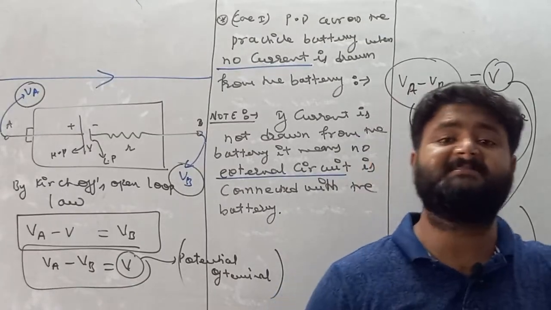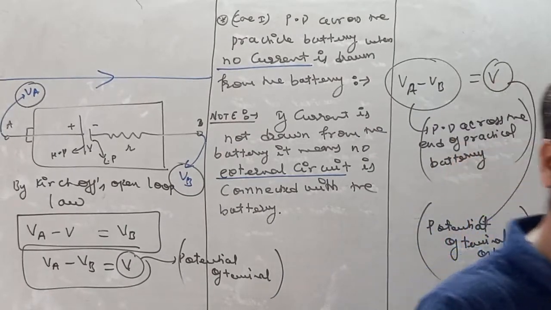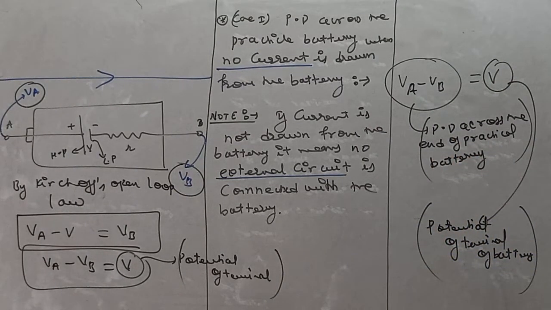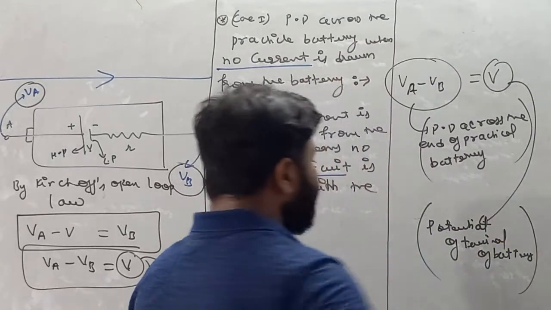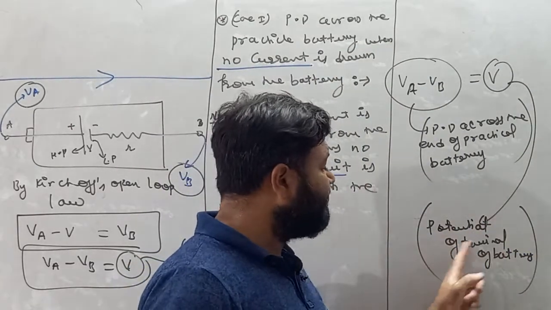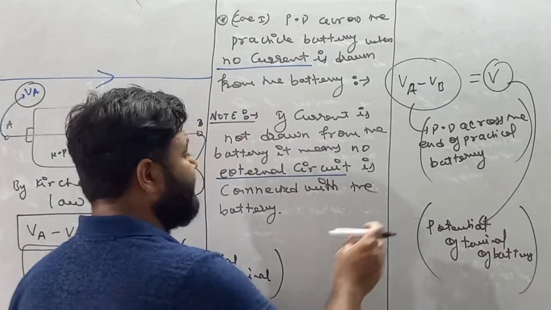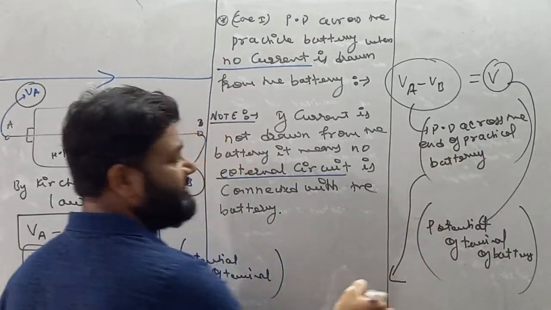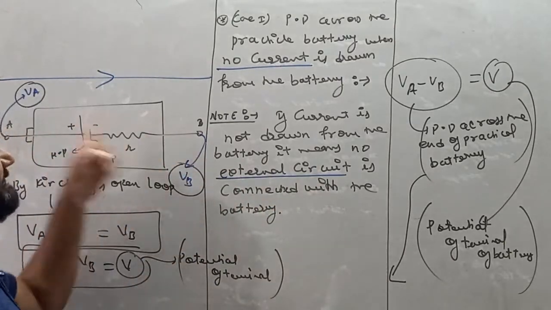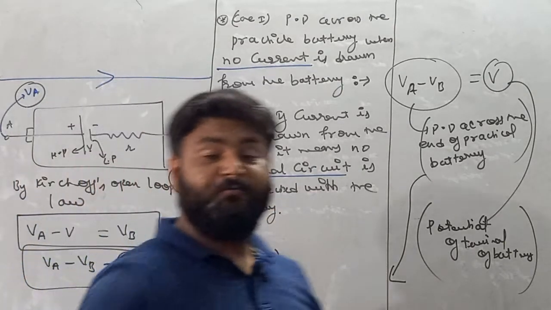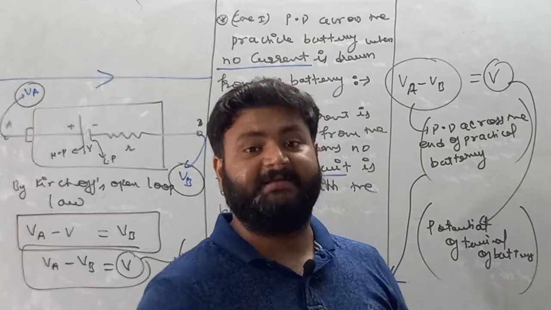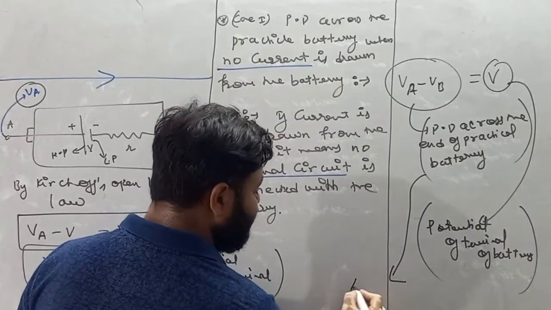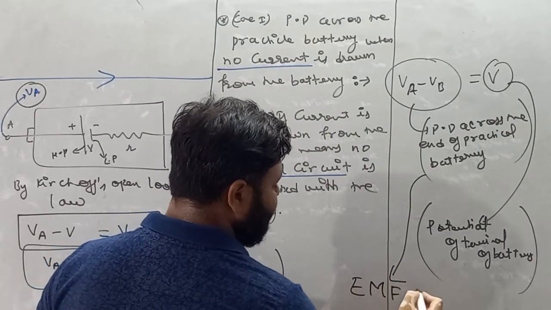And if the battery is not connected with any external circuit, it means no current is drawn from the battery.